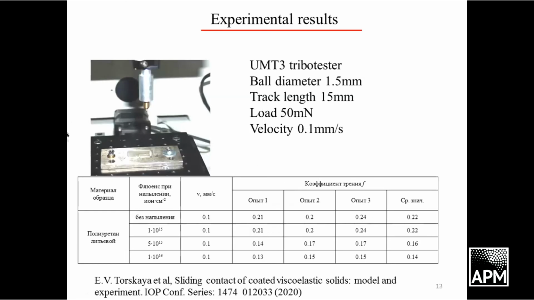Here are the results of tribological testing when we use a special procedure to neglect boundary friction. We can see here that increasing the thickness, here is the lowest thickness, here is the highest thickness, leads to the decrease of friction coefficient, which is mostly caused by hysteretic losses.